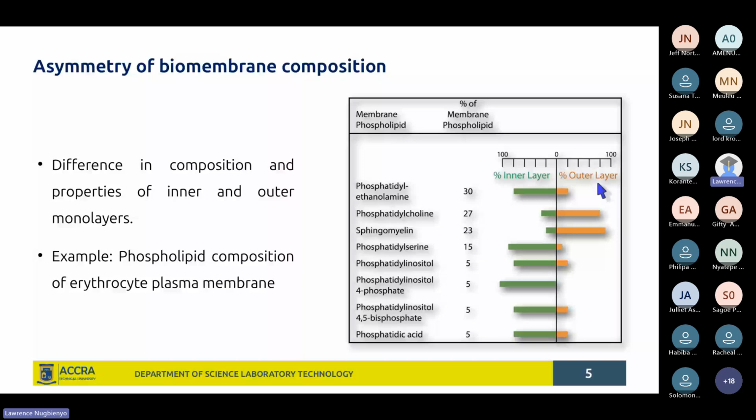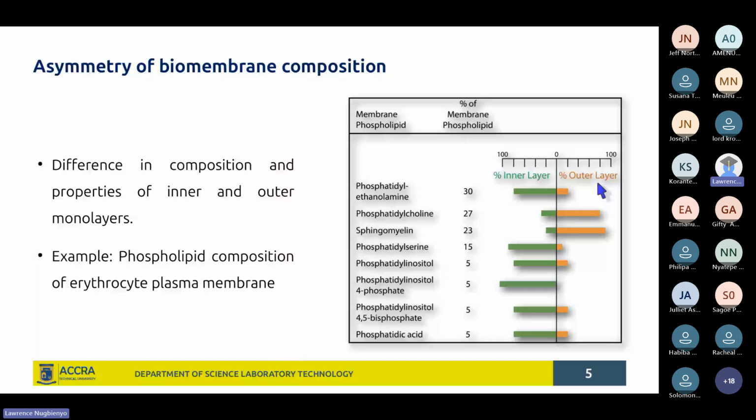The lipids that are the main components of the outer layer and the inner layer are not the same. That is what we refer to as asymmetry, in the sense that the biomembrane is not symmetrical. If you take off the outer layer, it's not going to have the same thing as what you have in the inner layer. So that's what we refer to as the asymmetry of biomembrane composition.